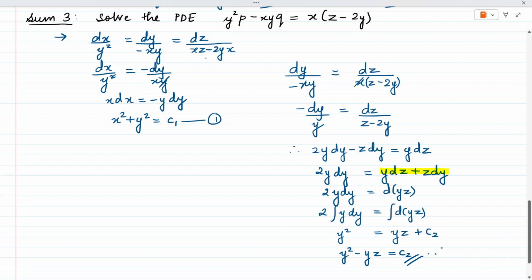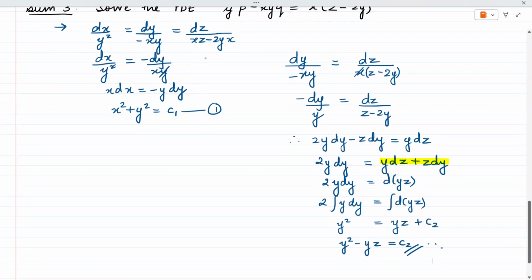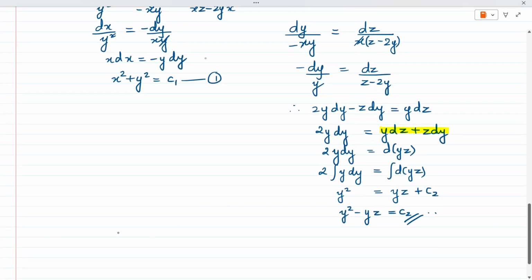Is this understood? Is the method clear? Yes, ma'am. What about the other people? Yes, ma'am. Okay, good, fine. So now we've got two solutions. दो solution मिलने के बाद हमको सिर्फ final solution लिखना होता है.